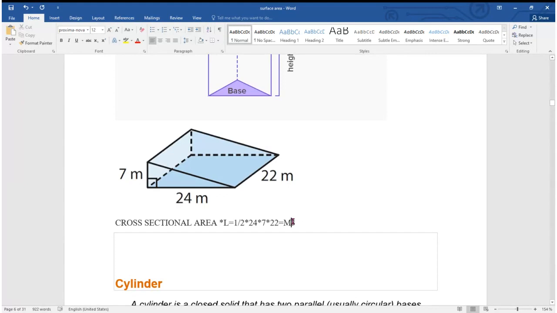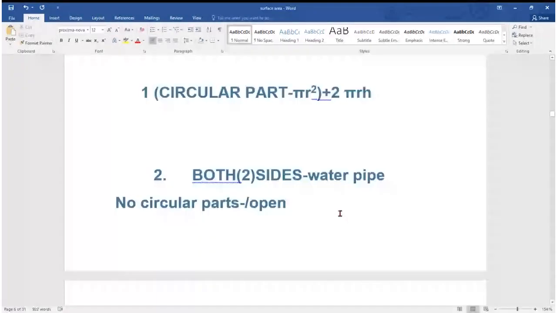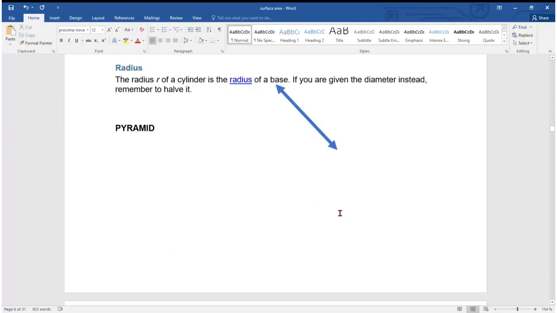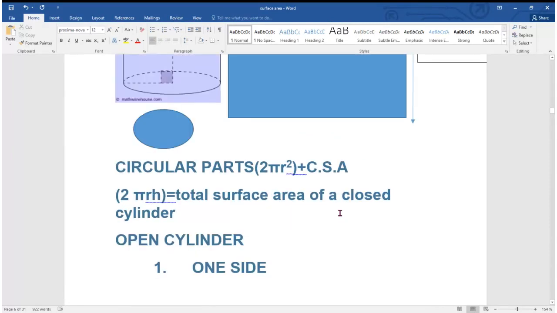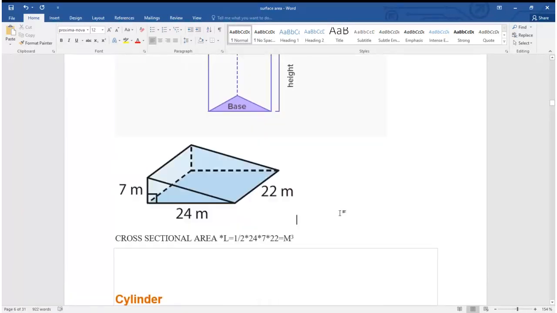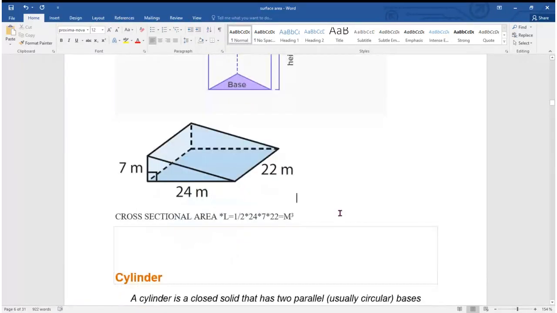Okay. So finding the volume of a prism is very simple, and it's just the same with the cylinder. I think this is one of the reasons why they say the cylinder is like a prism, because it's also cross-sectional area, and the cross-section of a cylinder is circular, or base area times the height.